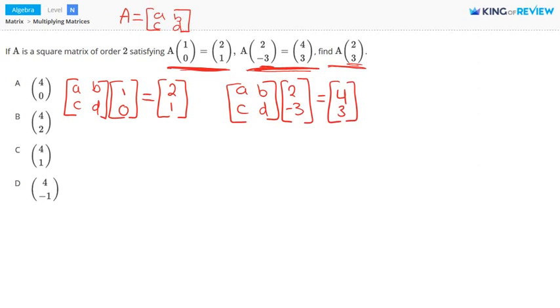So let's start with our first equation, and we're going to try to find what some of these variables are, a, b, c, or d. We'll start by multiplying here. The product of two matrices is defined as long as the number of columns in the first matrix is equal to the number of rows in the second matrix. So this first matrix is a 2 by 2 matrix because it has 2 rows and 2 columns.